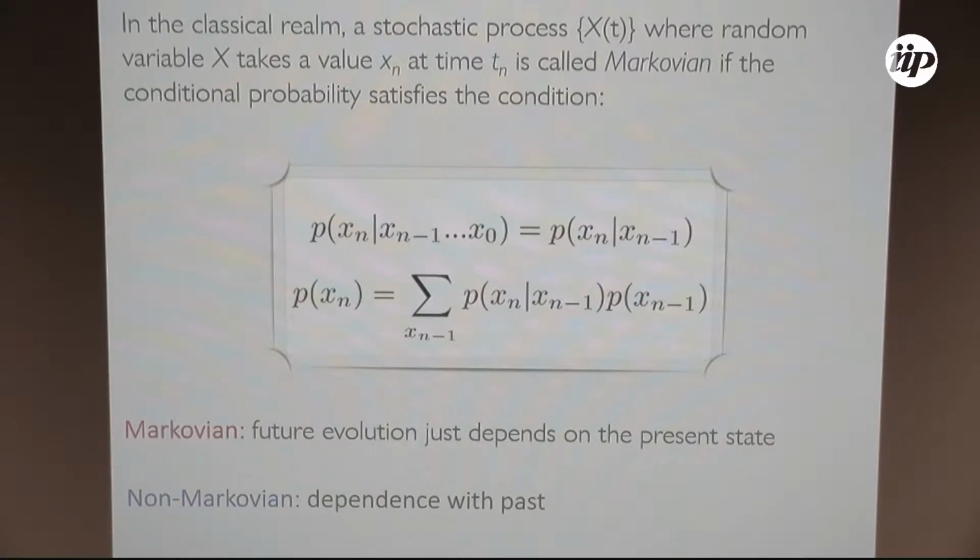I don't need the whole story. So the Markovian dynamics will be like the future evolution just depends on the present state. And if I don't satisfy this condition here, then I really need the whole story to tell something about what will happen with this variable. Okay?